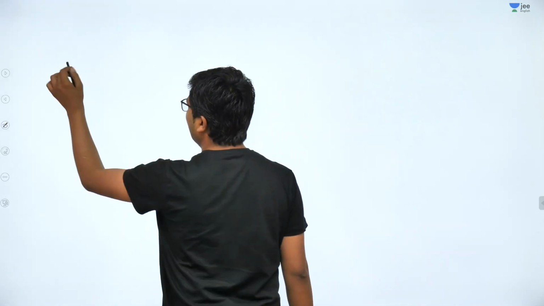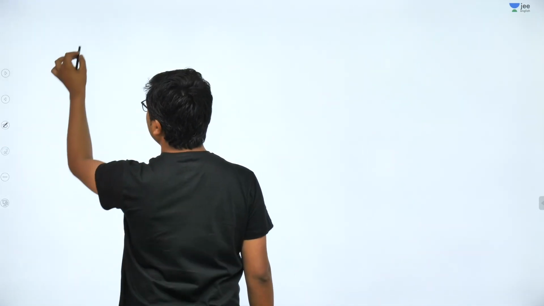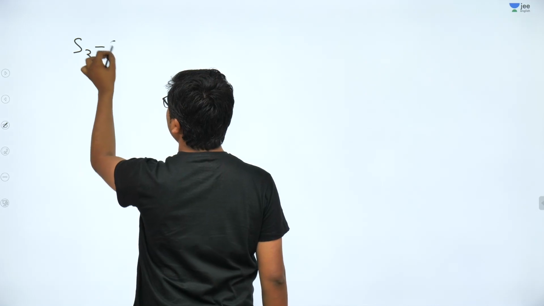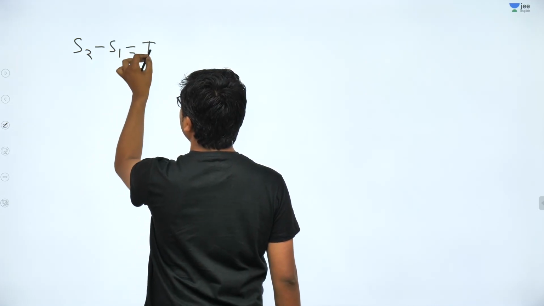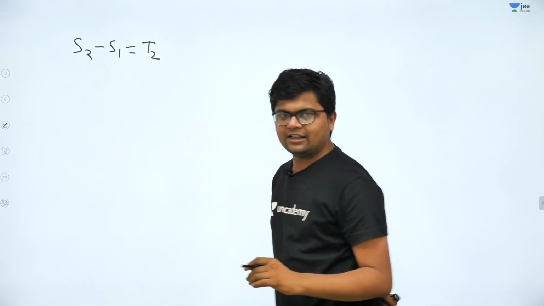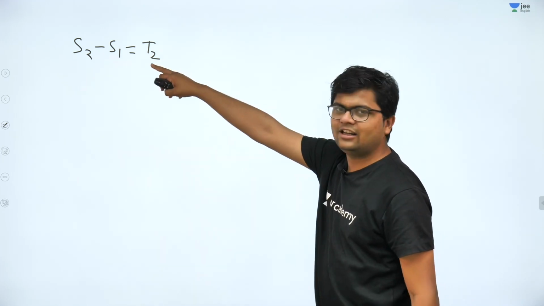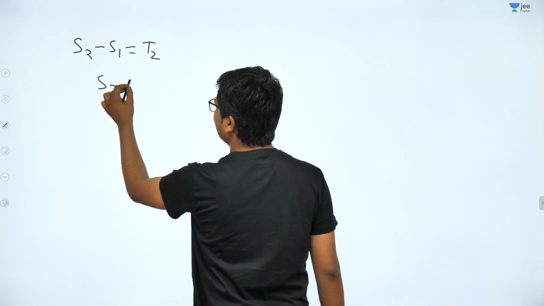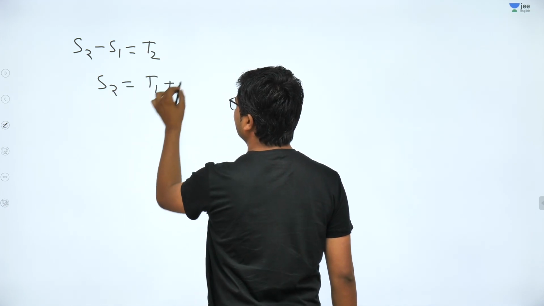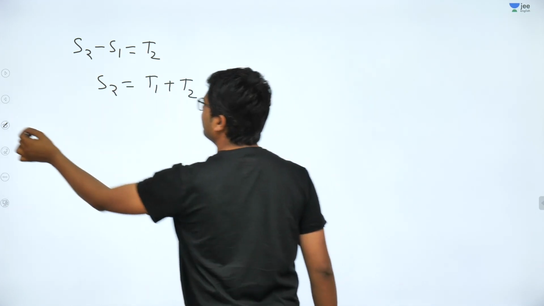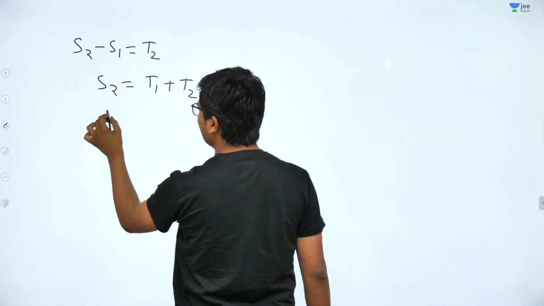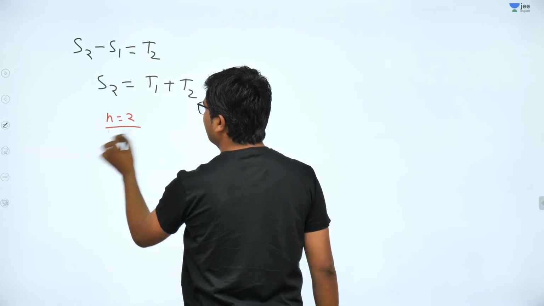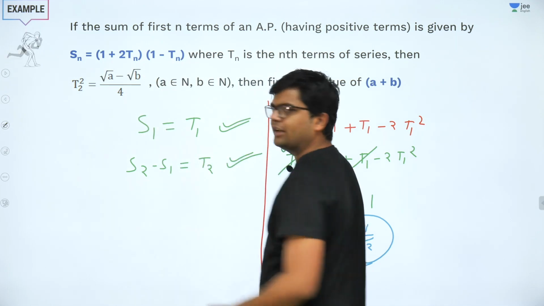Okay, so now I am using the second equation, which says S2 minus S1 is equal to T2, and I am using the value of S1 as T1. Getting my point, no? So S2 will be equal to T1 plus T2, and from the equation, if you put n is equal to 2, you will get the value of S2.